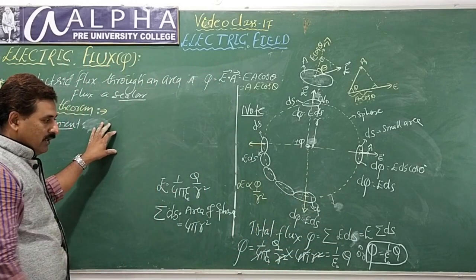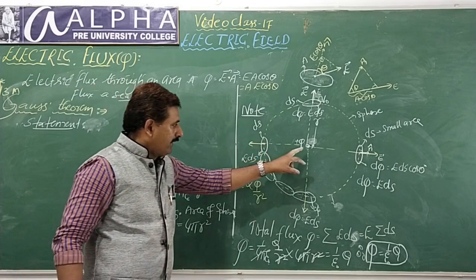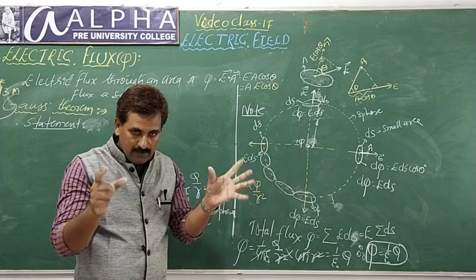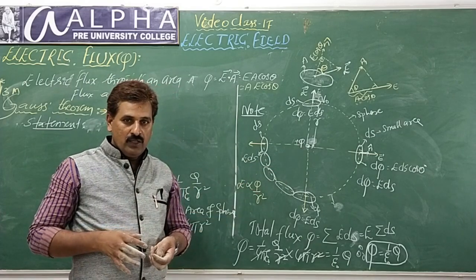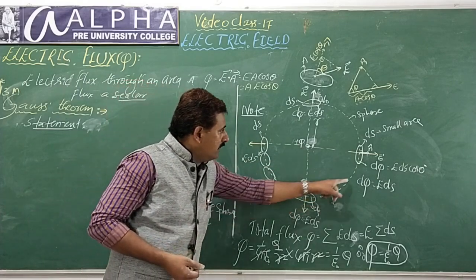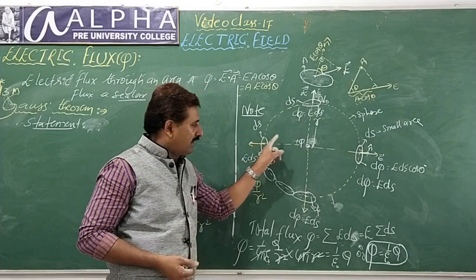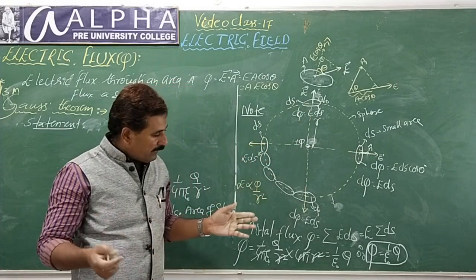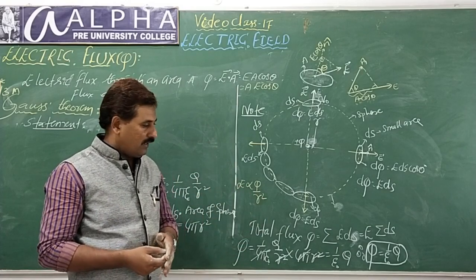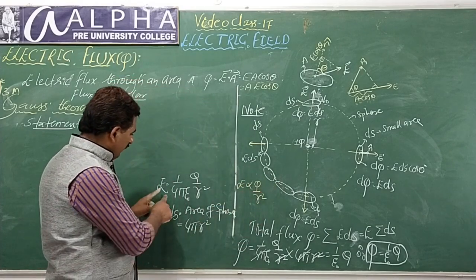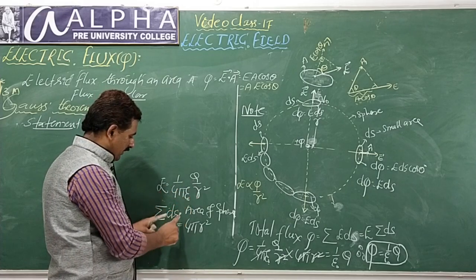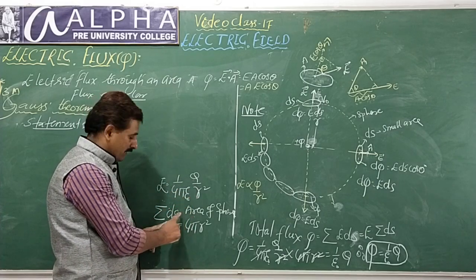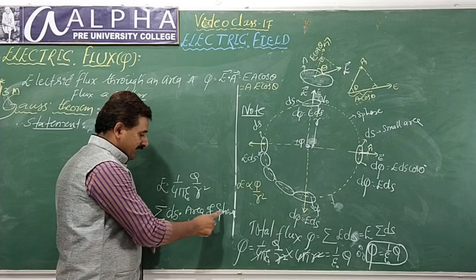He showed that it is a symmetrical object, a sphere, but the same can be explained for any surface. What do you do? You imagine a surface with a charge inside, then you apply Gauss theorem. Then you apply the electric field expression, that is 1 over 4 pi epsilon 0 q by r square, and find the area, the summation of area as it is a sphere.